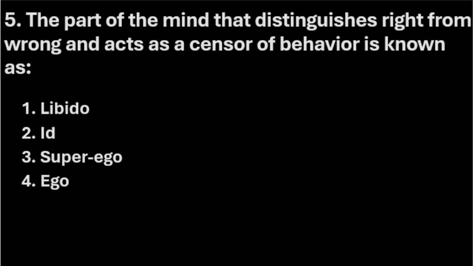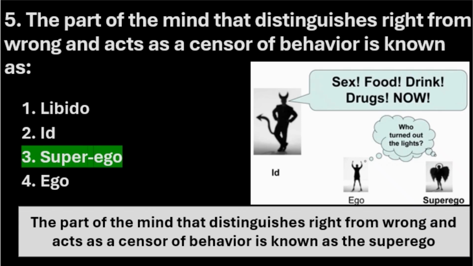Next question, the part of mind that distinguishes right from wrong and acts as a censor of behavior is known as option 1, libido, option 2, id, option 3, superego, and option 4 is ego. Right answer is option 3, superego. Libido is increased sexual interest.